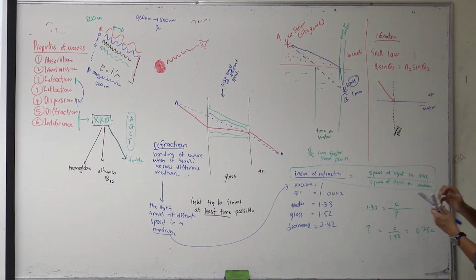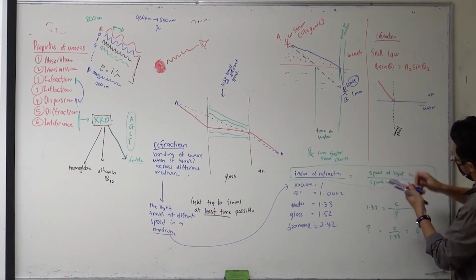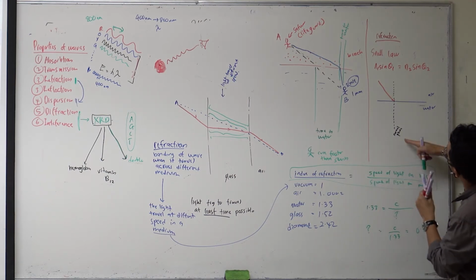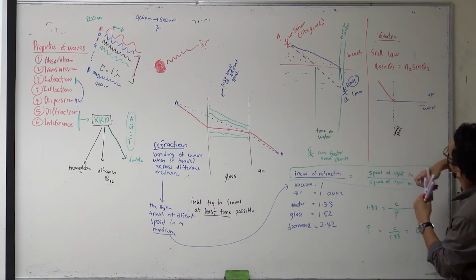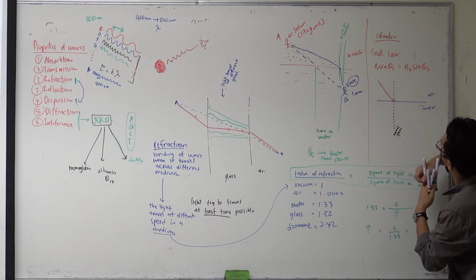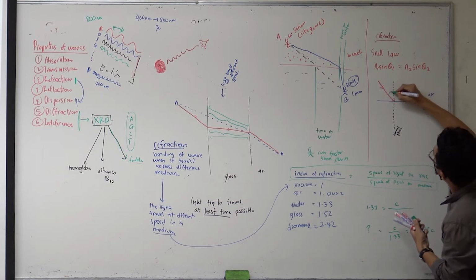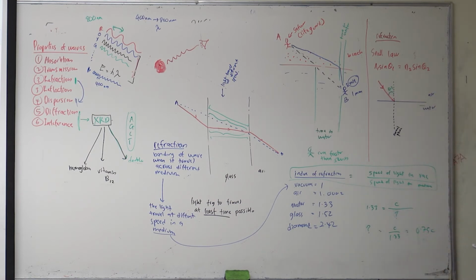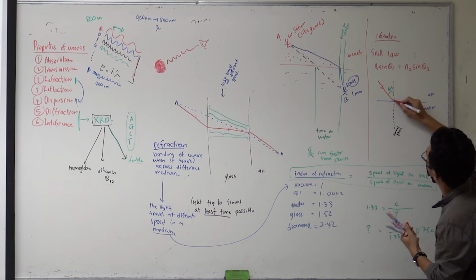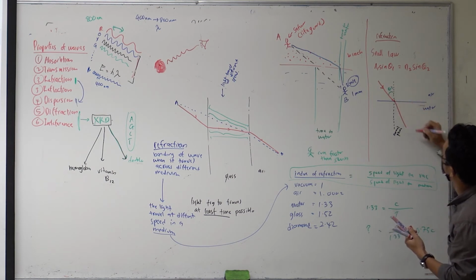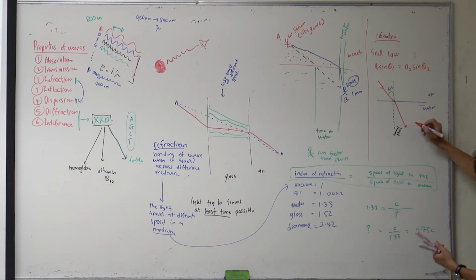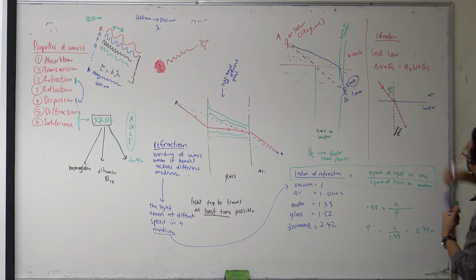Theta 1 is the angle between this normal and the incident light. When it goes into the water, it will bend somehow like this, and this is what we call theta 2.